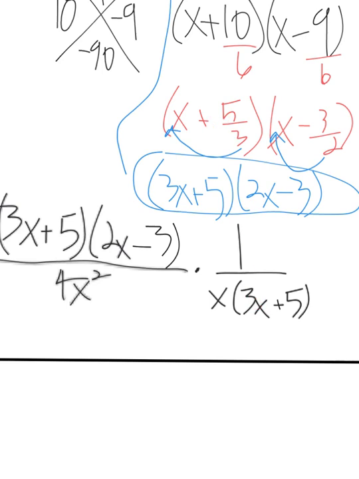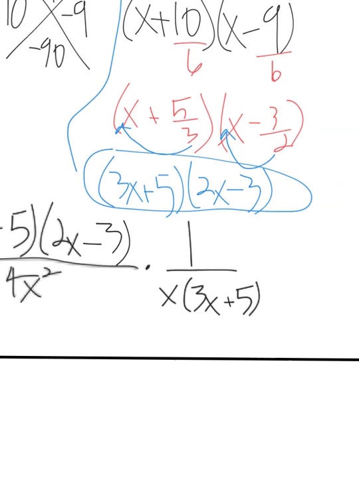And then a quick way of doing that in your head is we just did the work up here. Plugging in a negative 5 over 3 would make that go to 0. This is the same thing as this. See how it turned into 3x plus 5? You could also write it like this.